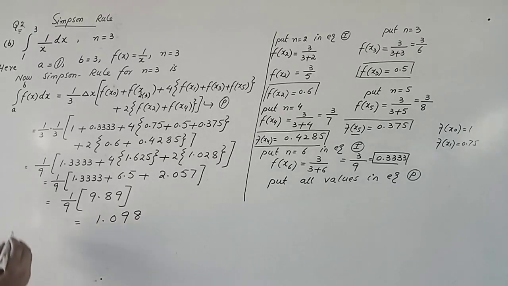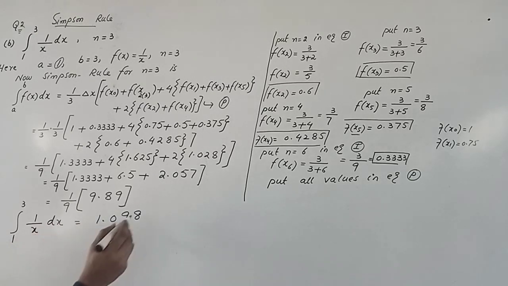This is the approximate value of the definite integral from 1 to 3 of 1 divided by x dx.